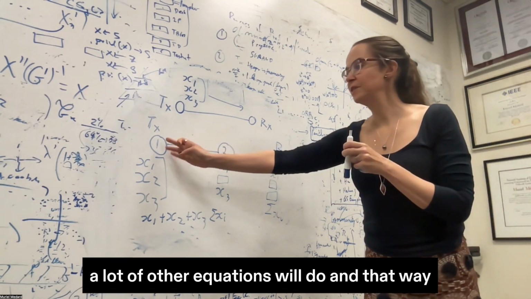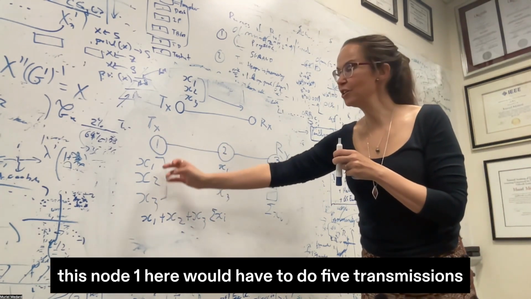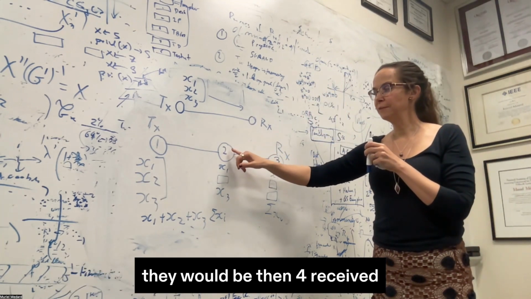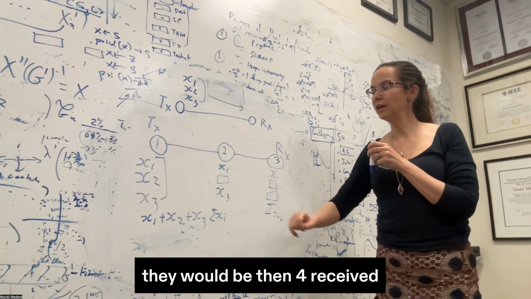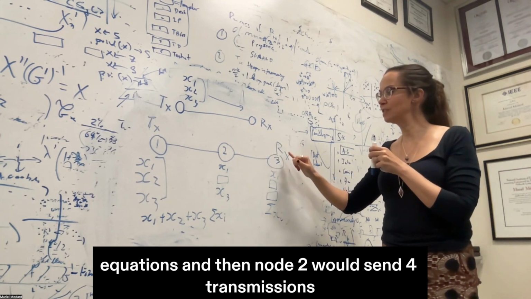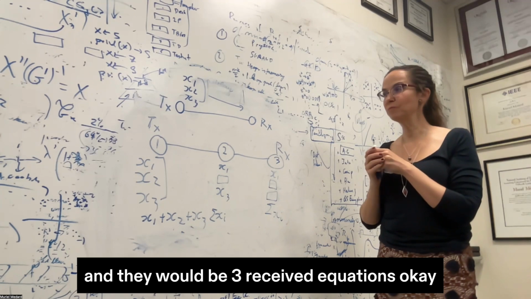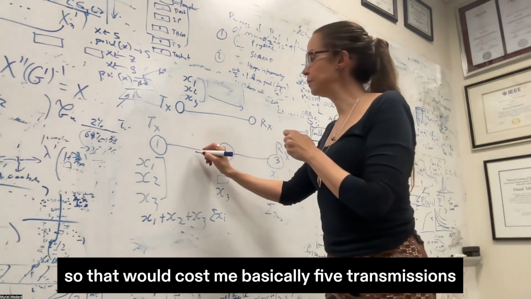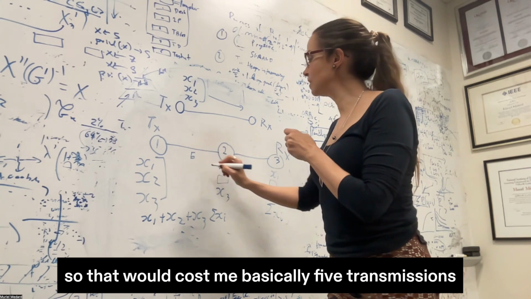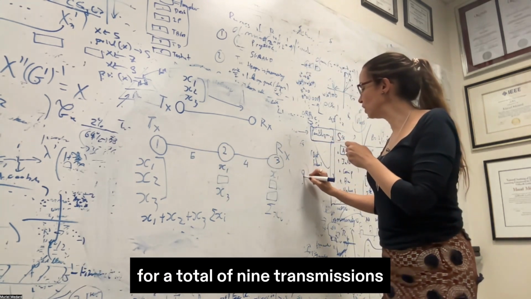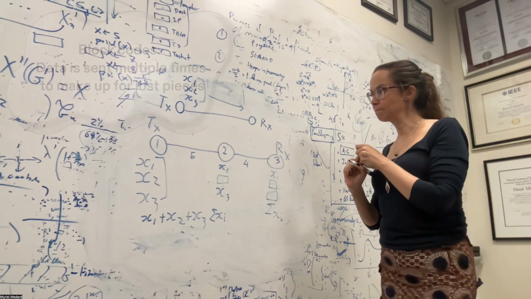That way, node 1 would have to do 5 transmissions. There would be 4 received equations, and then node 2 would do 4 transmissions, and there would be 3 received equations. So that would cost me basically 5 transmissions and 4 transmissions for a total of 9 transmissions.